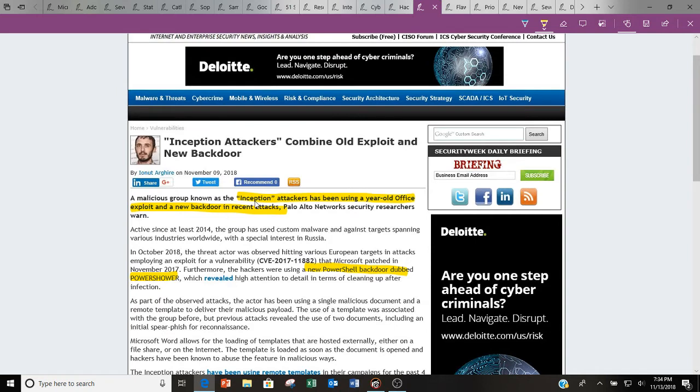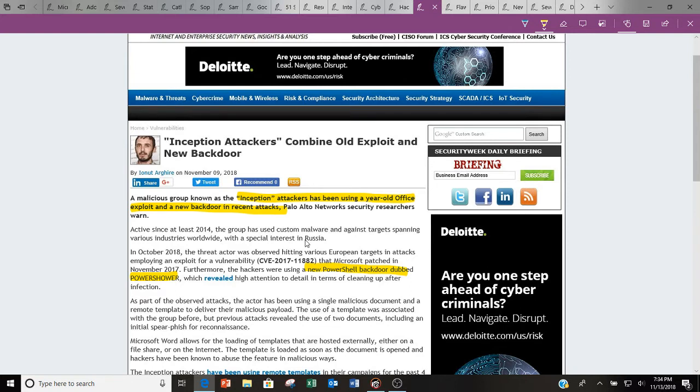There's a new malicious group known as Inception, and they are using a year-old Office exploit and a new backdoor to take control over a PC. So the way I read this, you have to have the year-old exploit, which is CVE-2017-11882, and if that happens, they can put this backdoor in.